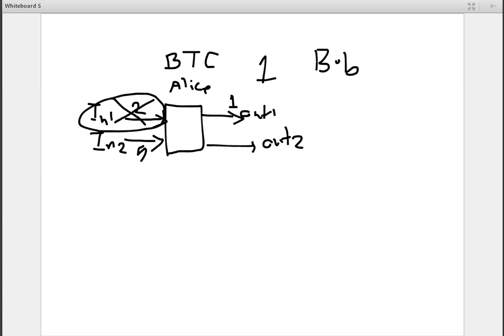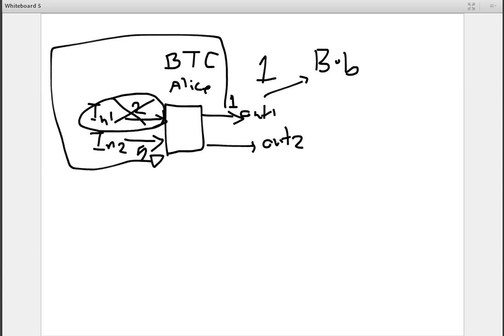After that, she must say that she wants to send 1 Bitcoin to Bob, and what will happen to the remainder? Again, she must say that I want to send 1 Bitcoin to myself.